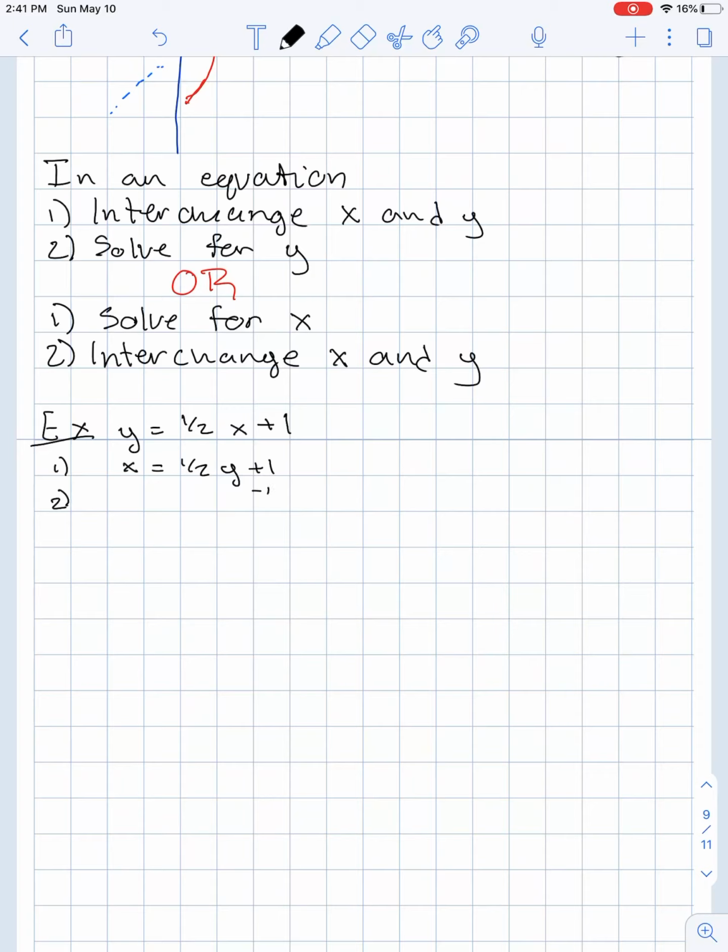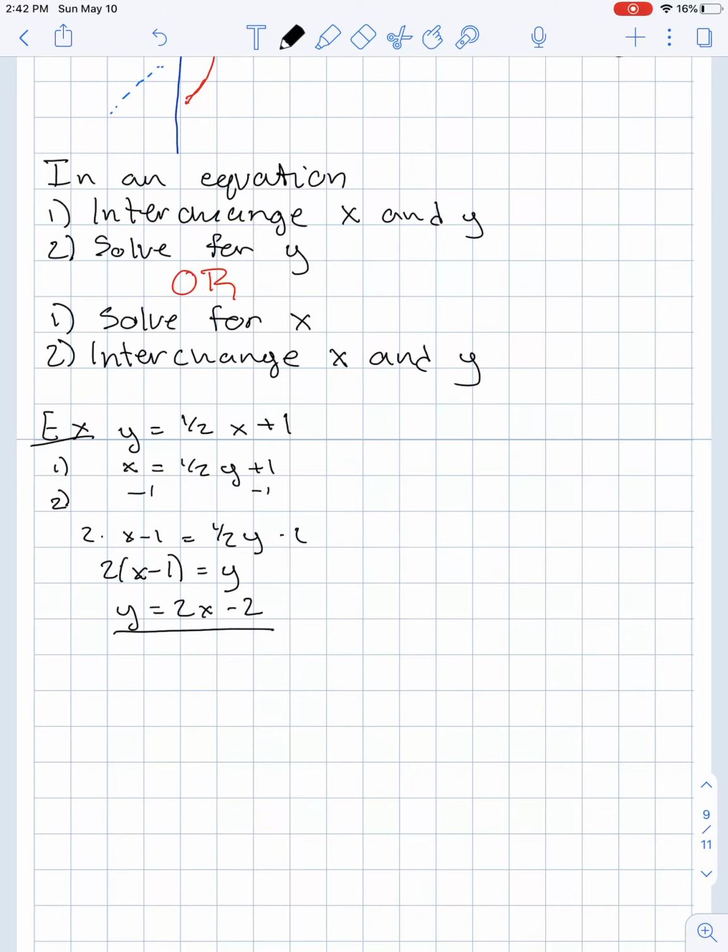Okay. Well, step 2 says solve for y. So I'm going to subtract 1 from both sides. So I get x minus 1 equals 1/2 y, and then multiply each side by 2. So I have 2 times x minus 1 equal to y, or y equals 2x minus 2. And that's our inverse.